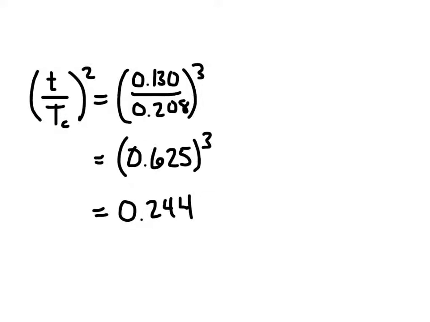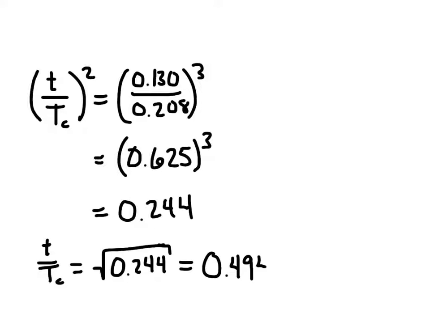If I want to undo this square, I have to take the square root. So t over tc is equal to the square root of 0.244. If I take the square root of that number, I get 0.494. And so t over tc is equal to 0.494.